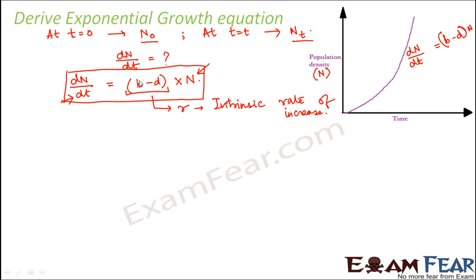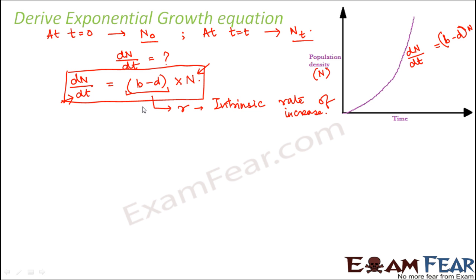This value, b minus d, actually decides how fast the population density would increase with time, because if dN by dt is more, that would mean that the population is growing very, very fast. So this is how exponential growth is denoted. Here dN by dt is the increase or decrease in population in unit time period. Let us now see how we get this exponential relationship.